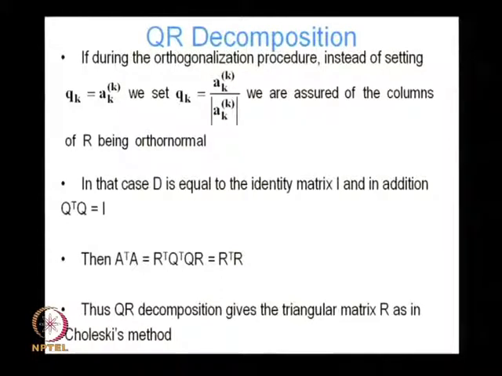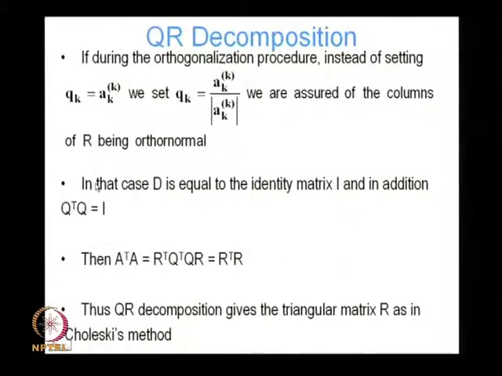Then we are assured that the columns of Q are orthonormal. In that case, Q transpose Q is going to be the identity matrix.